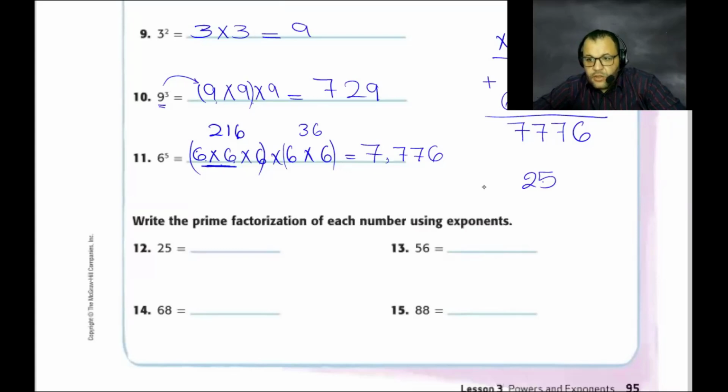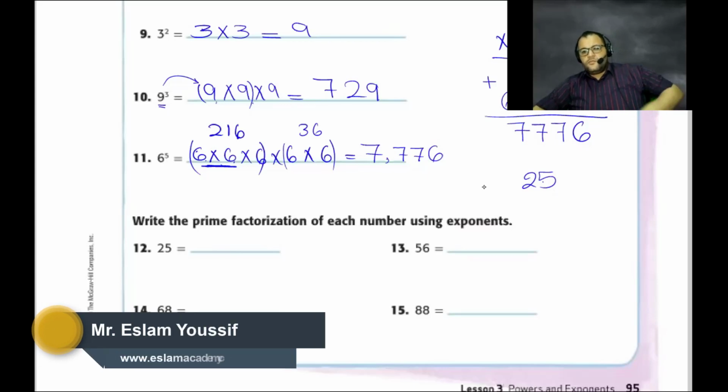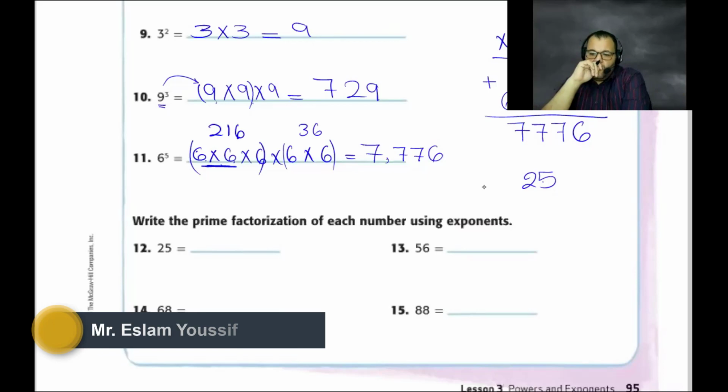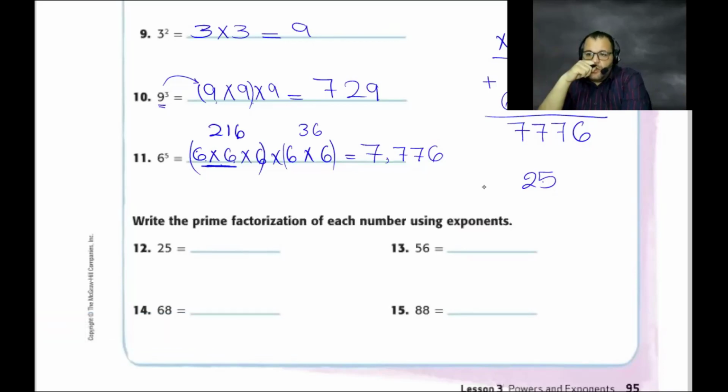Look at the screen and solve. Question number 12. Write the prime factorization.